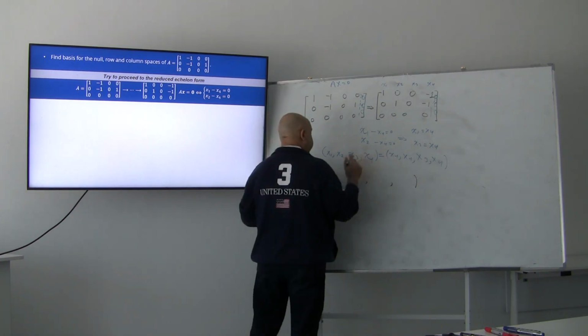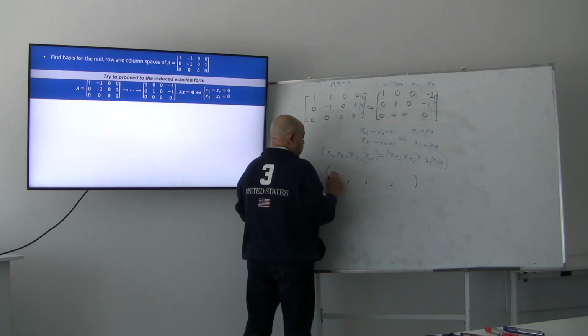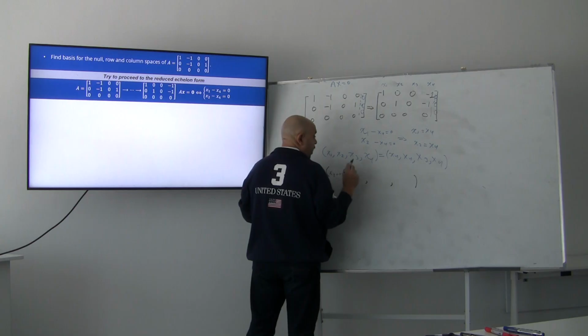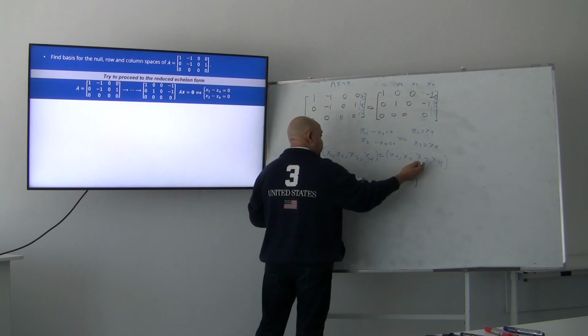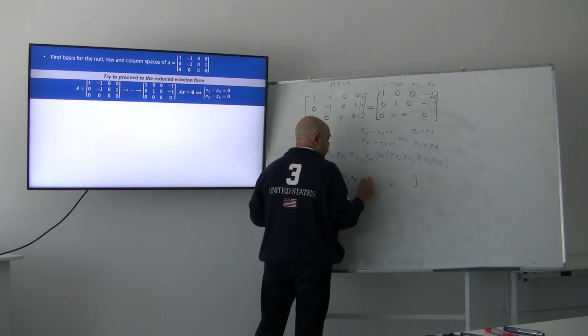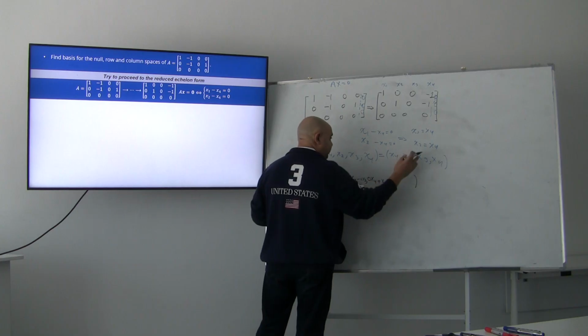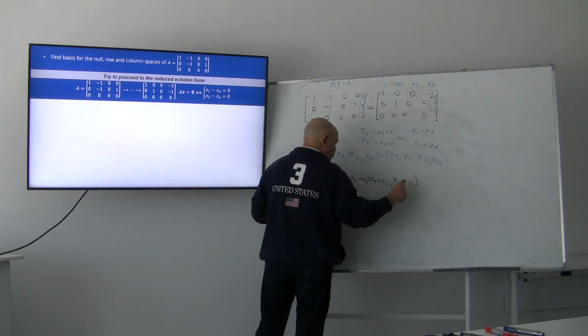So I will start with x4 plus 0 times x3. Then I will have x4 also plus 0 x3. In this third coordinate, I don't have x4, so it's 0 x4 plus x3. And then finally, I will have x4 plus, also there is no appearance for x3, so it's 0 x3.